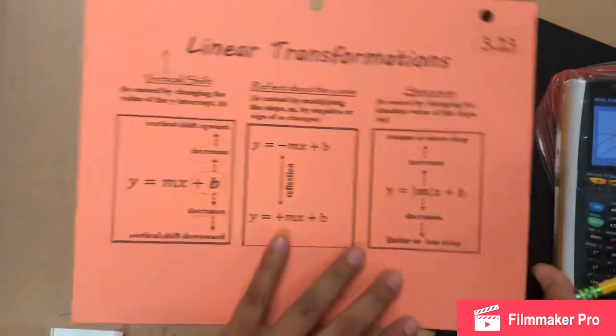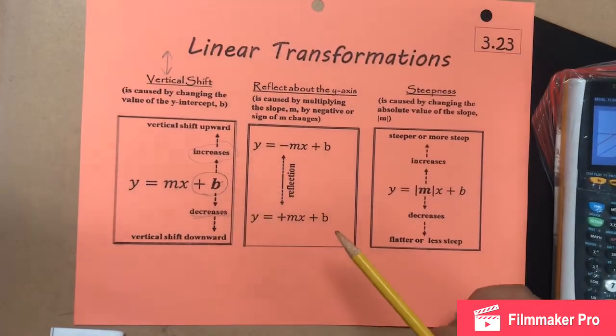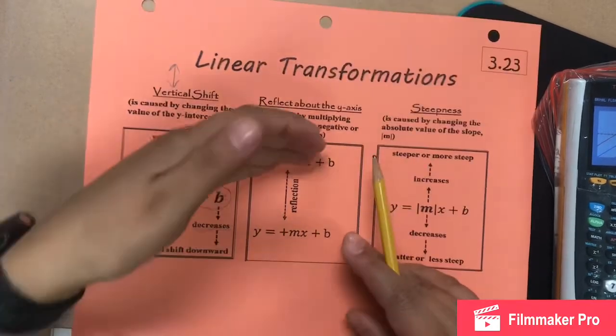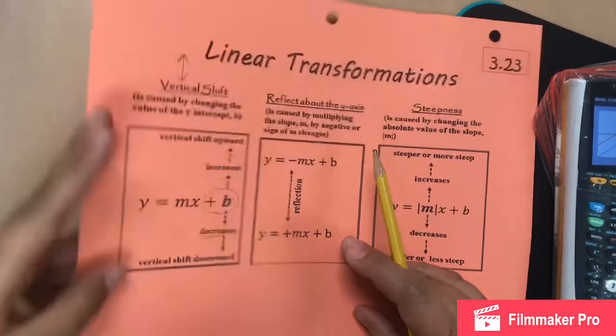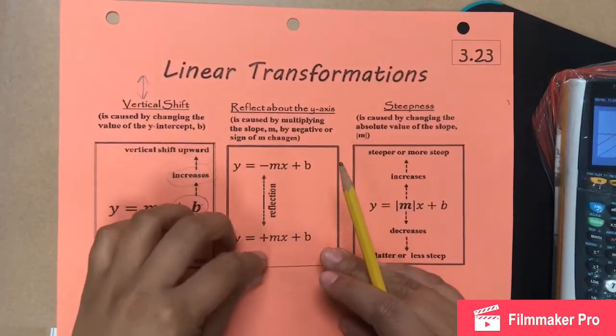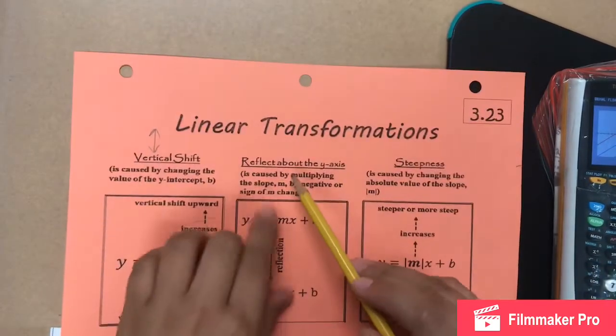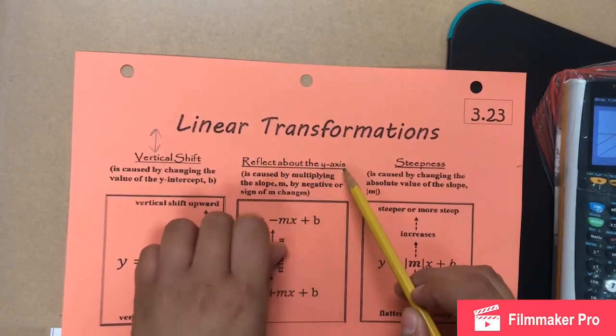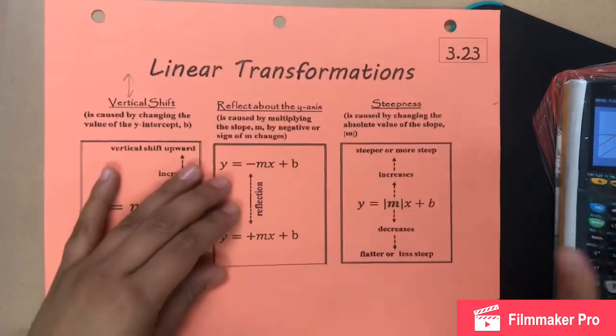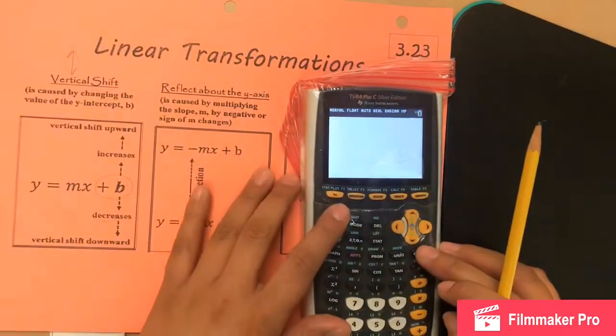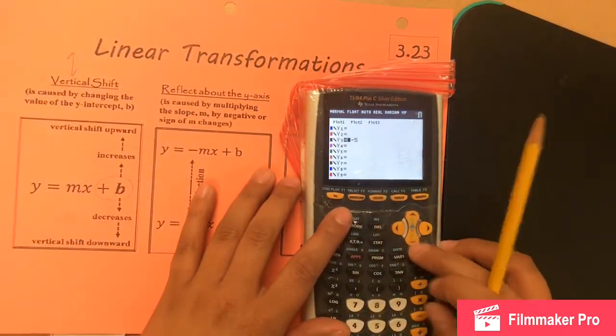If we talk about reflection, this is the negative versus the positive side of it, where the negative slope versus the positive slope, that is what we call the reflection across the y-axis. So it's easier to just show you on my calculator what that could look like.